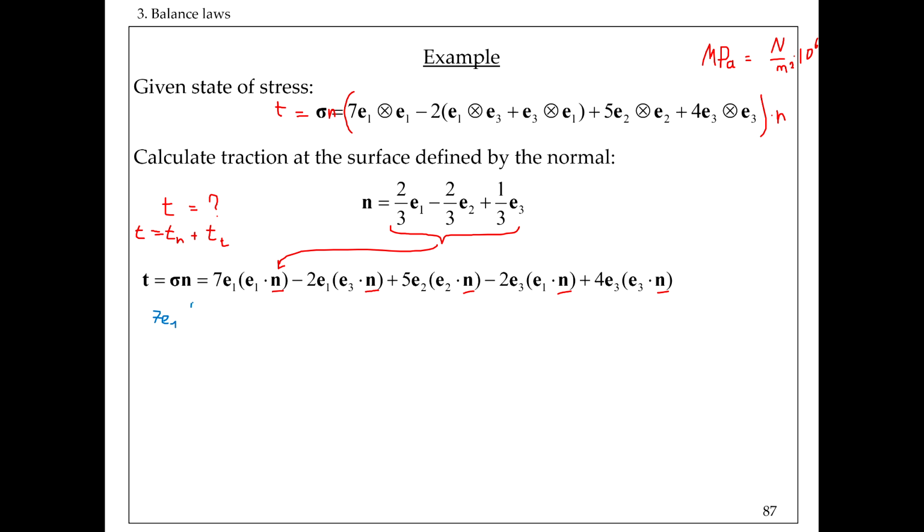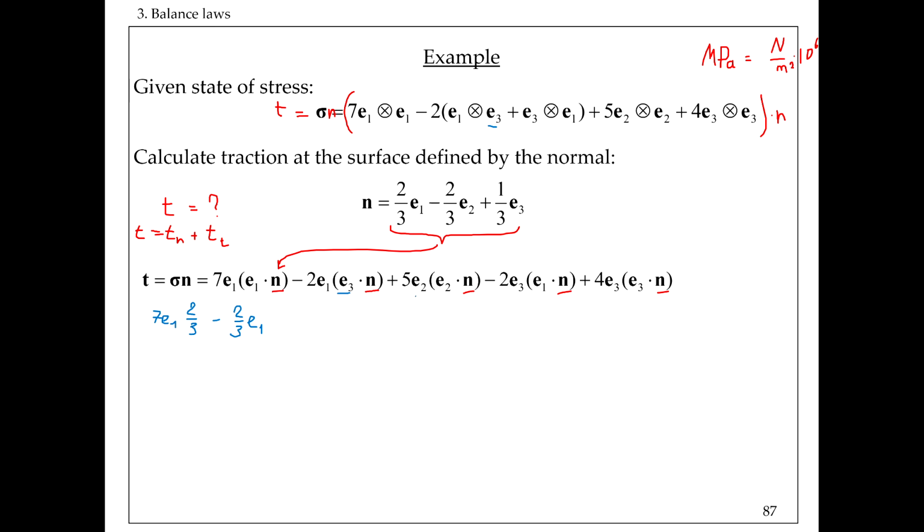So from the first term we have 2/3 of that. In the second term, we multiply e3 with n, and so we have only 1/3 of that, so we have minus 2/3 e1, so that e1 is preserved.